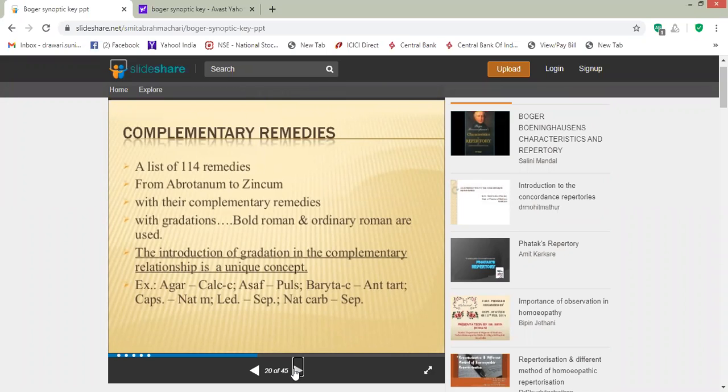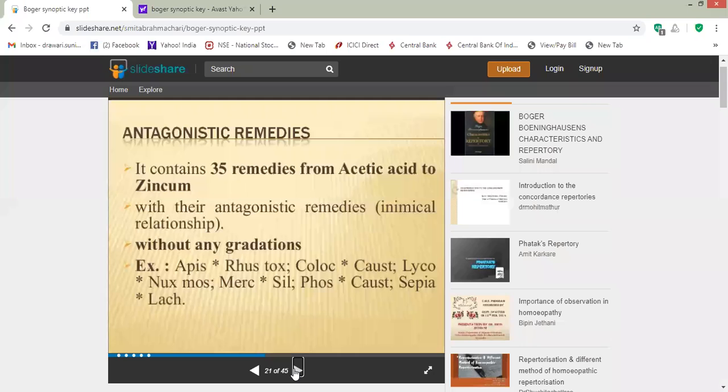This was a unique concept which we find in this small repertory written by Dr. Boger.